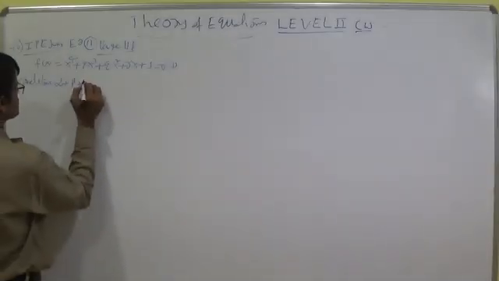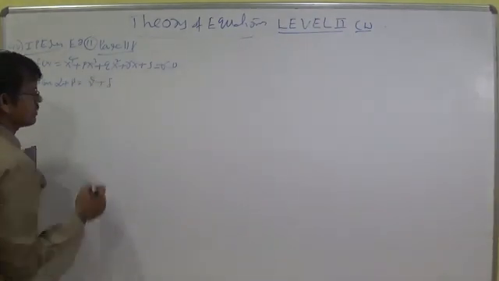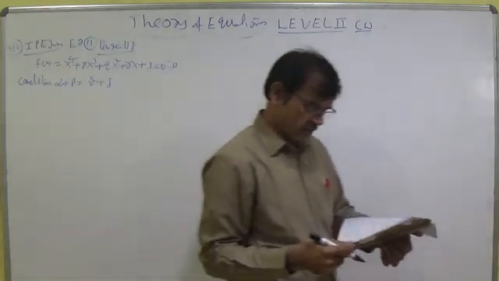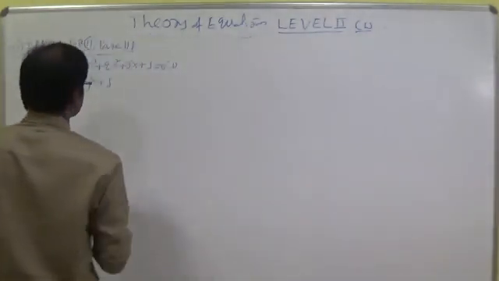Sum of two roots, that is alpha plus beta, is equal to sum of the other two, gamma plus delta. I think this sum I did not handle in IPE, so okay, let us discuss.